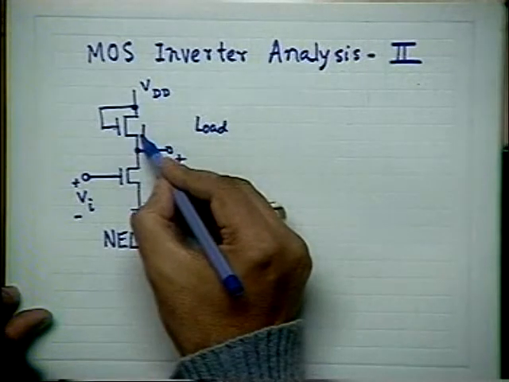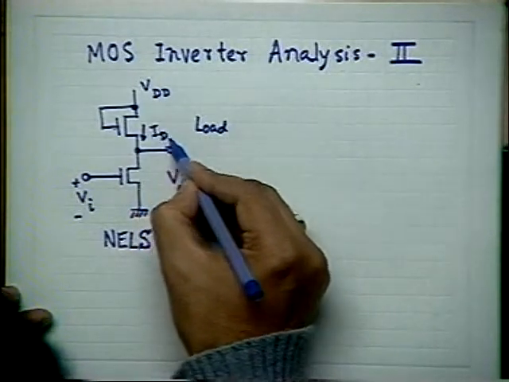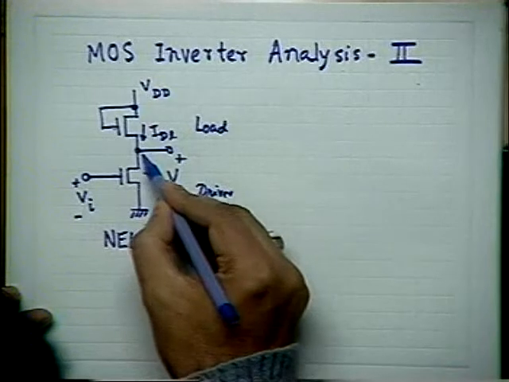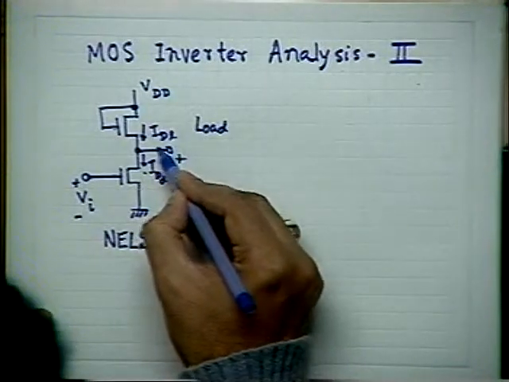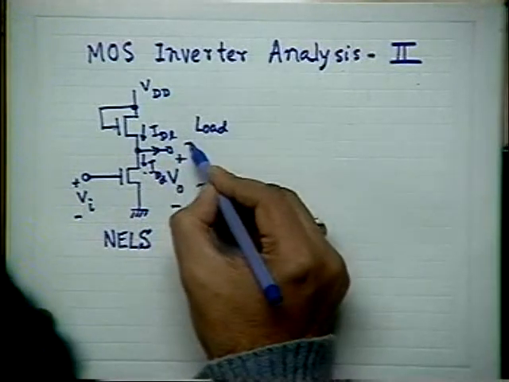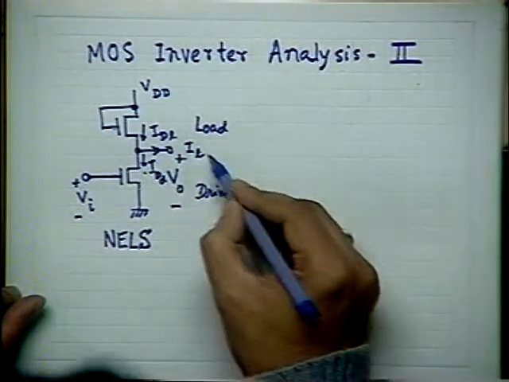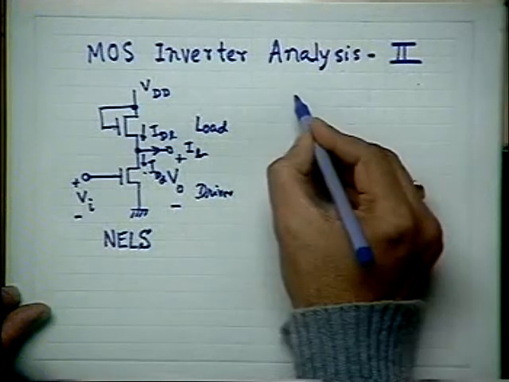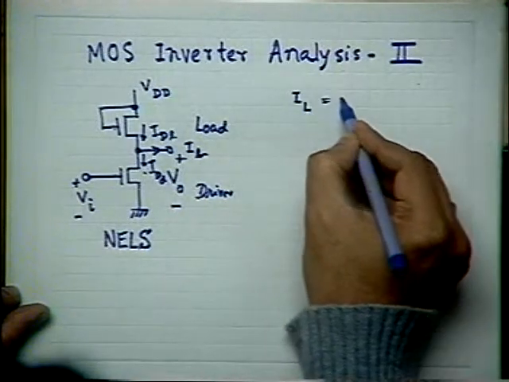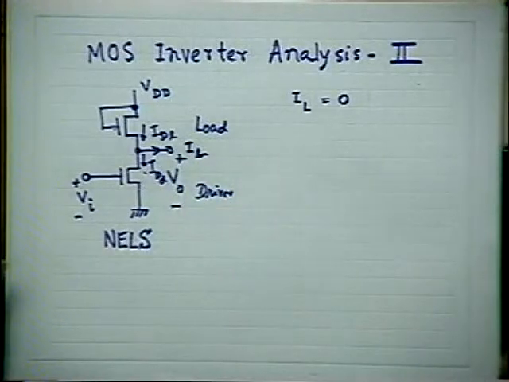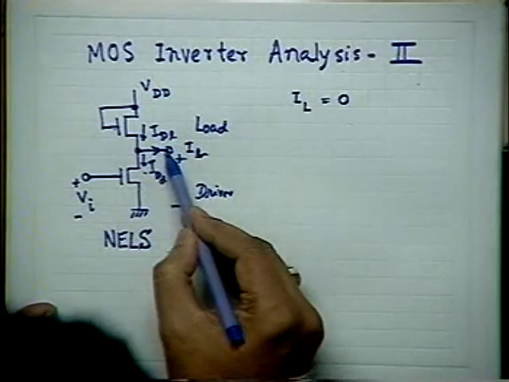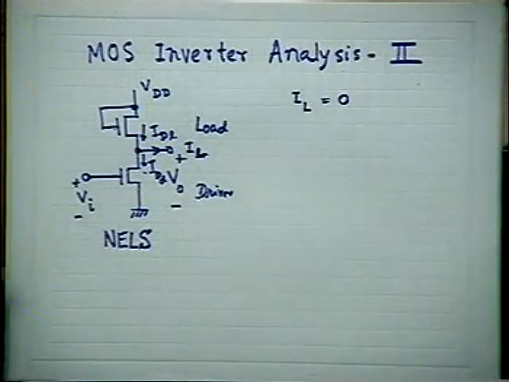This I called IDL, and this I called IDD, and this current which is sunk by the load, I have called IL, or I capital L. I assume that IL is equal to 0 in the steady state because the load is usually a capacitance. I capital L is the load current.